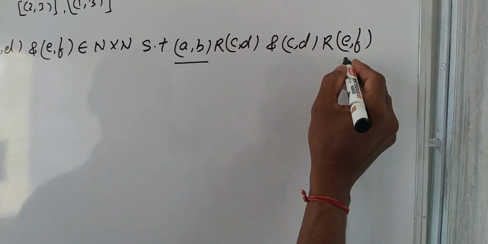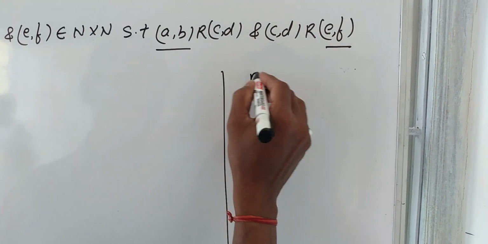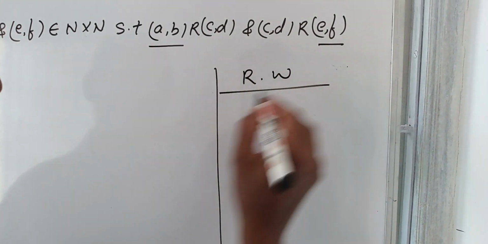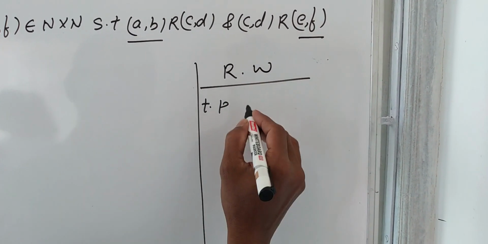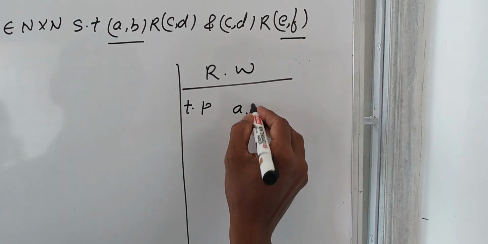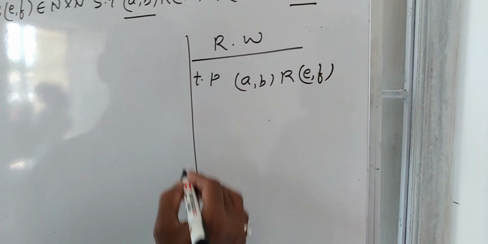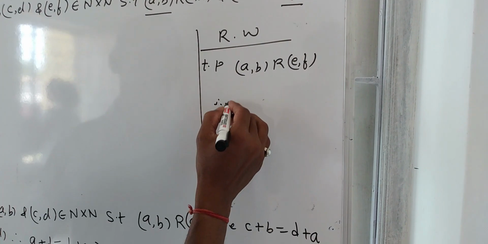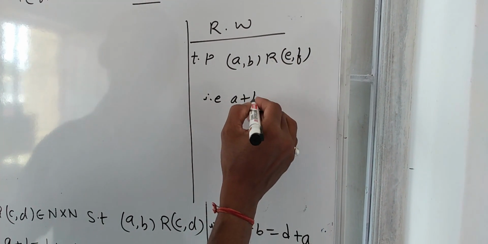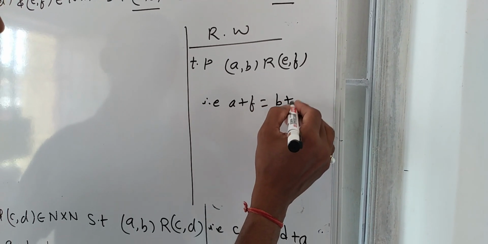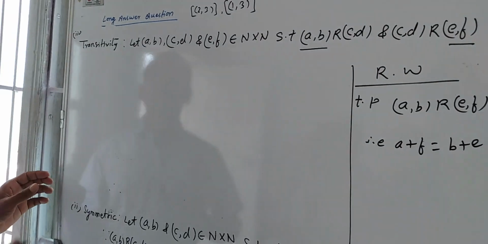This (a, b) must be related to (e, f). So this is again your rough work. For this, we have to prove a plus f equals b plus e.